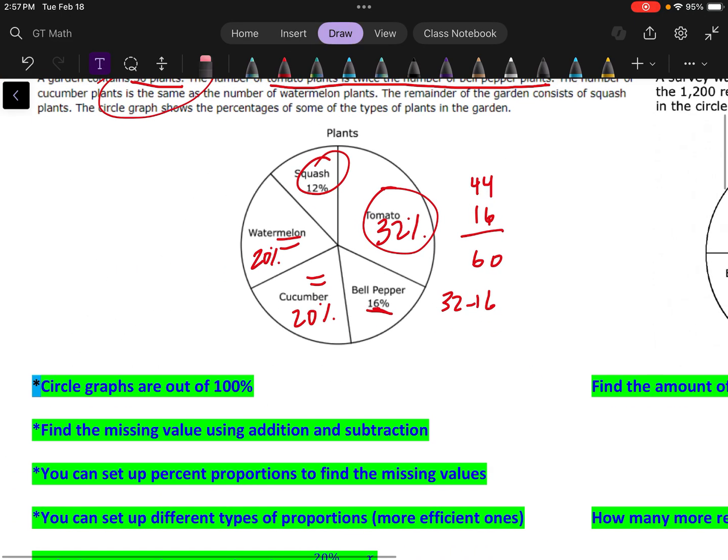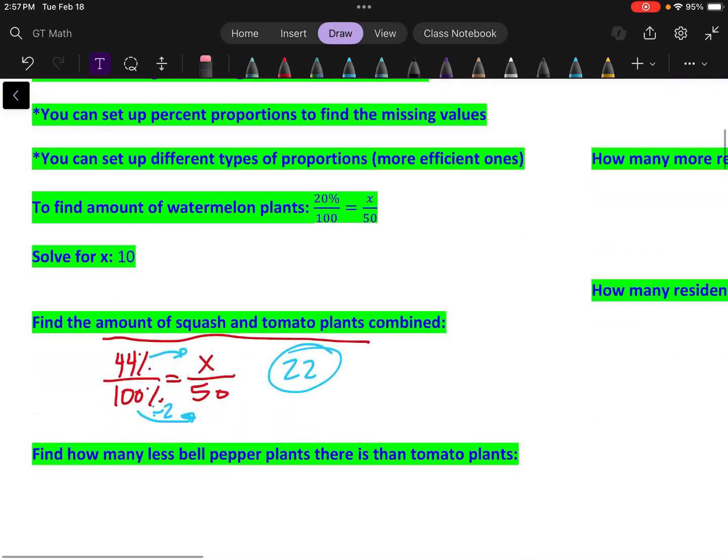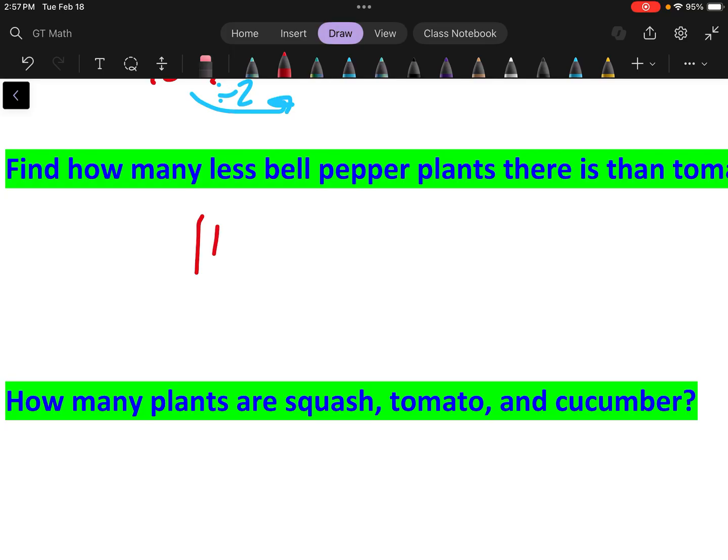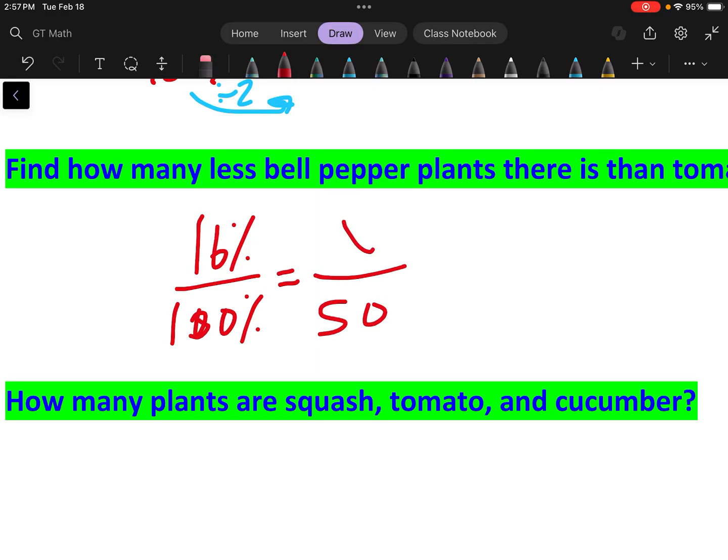So that's how much less there is of bell pepper than tomato. So when I set up my proportion, I'm really looking for 16%. I didn't have to set up two proportions. Now that's out of 50, obviously, plants. So divide by 2. Divide by 2. It is 8 less.